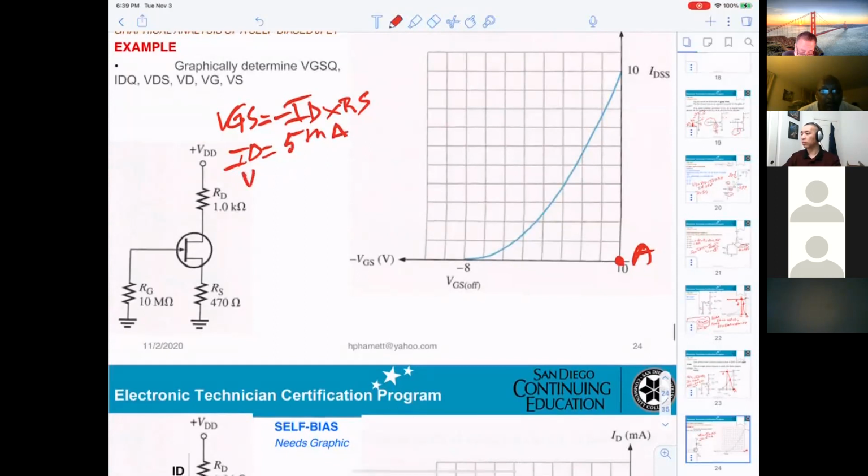So VGS equal minus 5 times RS, which is 0.47. So what does VGS equal? Negative 2.35. Okay, 2.35.